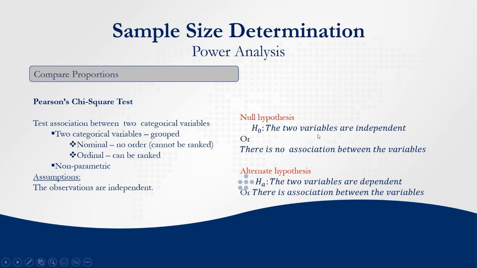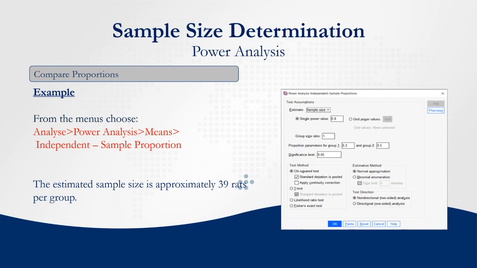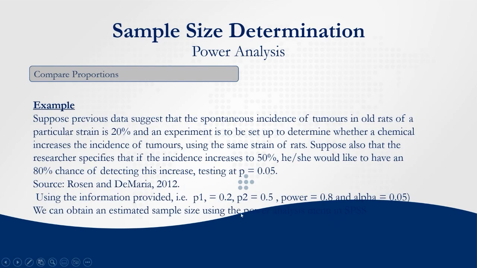So you can see again here, the null hypothesis is what is silent, and we want to use the data to reject it. In terms of the sample size estimation, we can use this example. I think the source is not here, but I will add it.